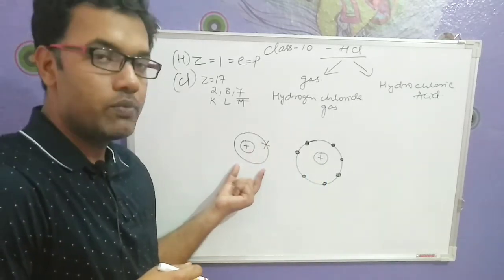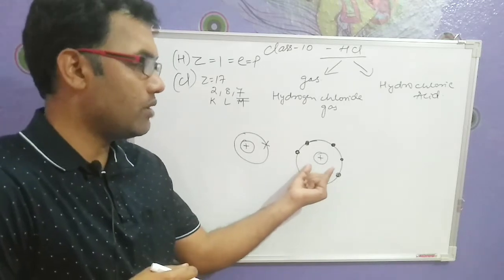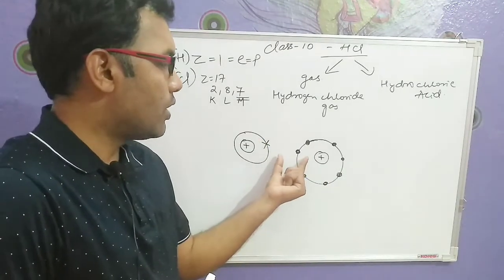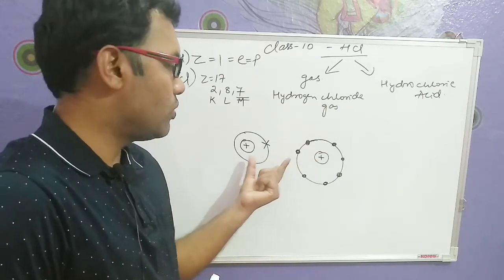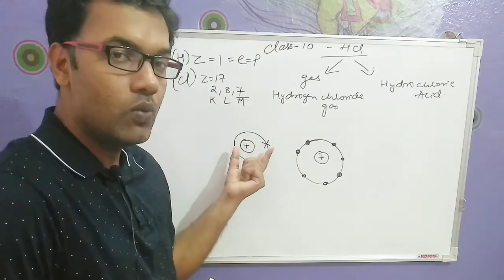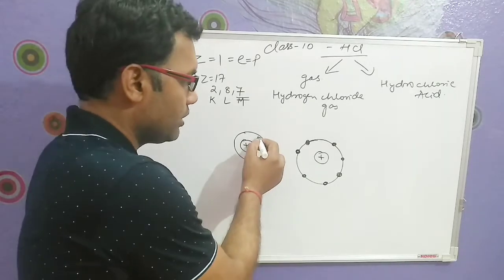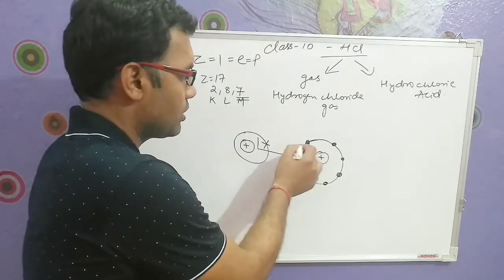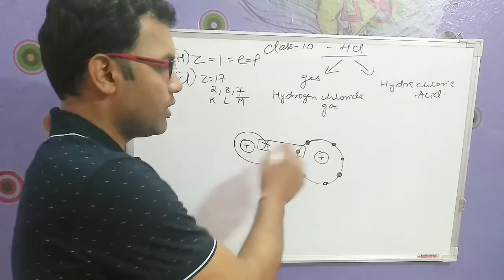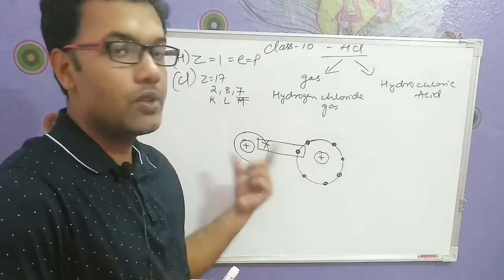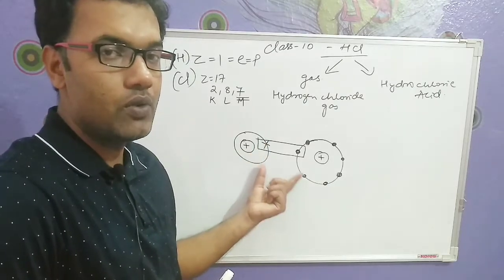Hydrogen will come into the duplet state and chlorine will try to come into the octet state. In order to become stable, they will both share 1 electron with each other. So I will draw a small box to show that both of them are sharing 1 electron, and we all know that if there is sharing of electrons, there will be formation of a covalent compound.